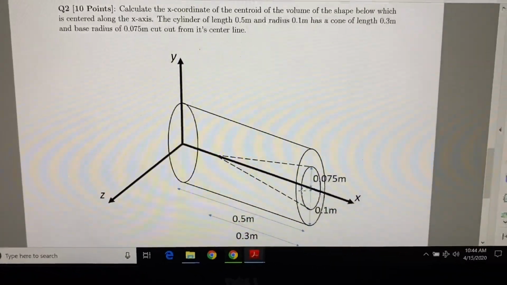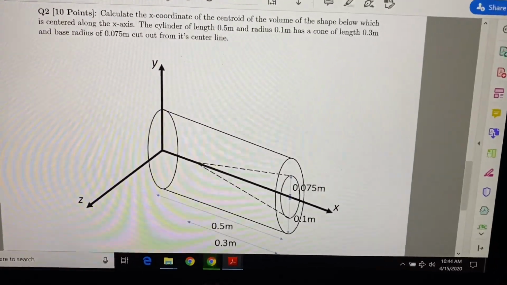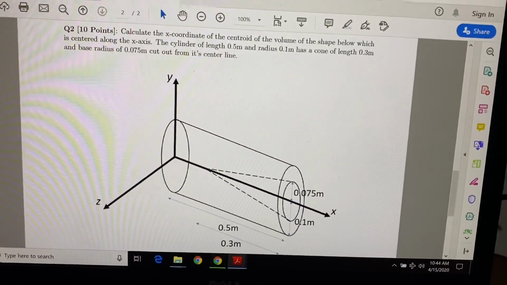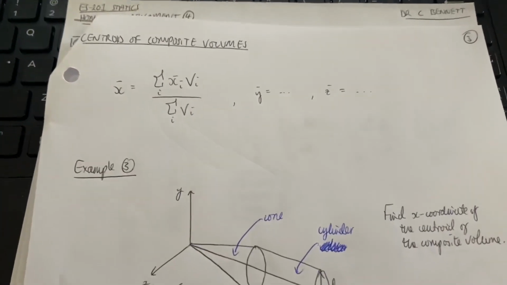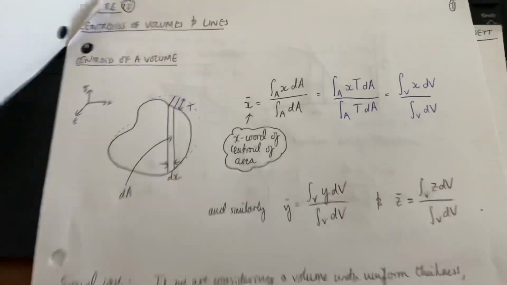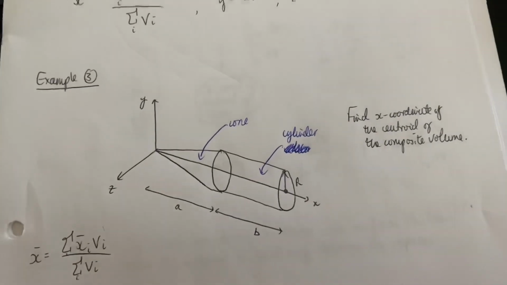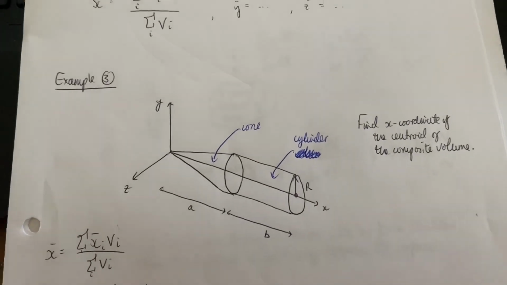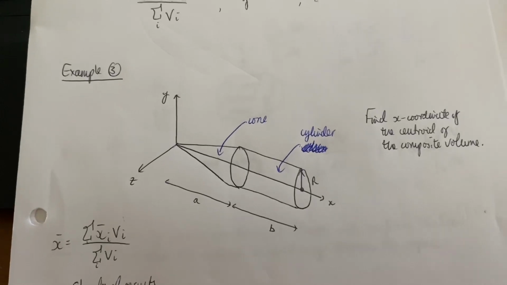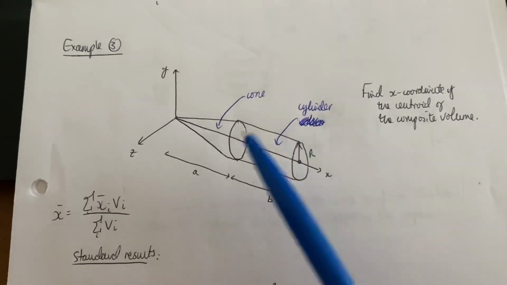Now, a cylinder with a cone cut out, well, we've seen compound shapes in class number 25, when we're talking about centroids of volumes and lines. We saw a compound shape like this, which was a cylinder with a cone attached to the end of it. And we found the x-coordinate of the volume of this shape.